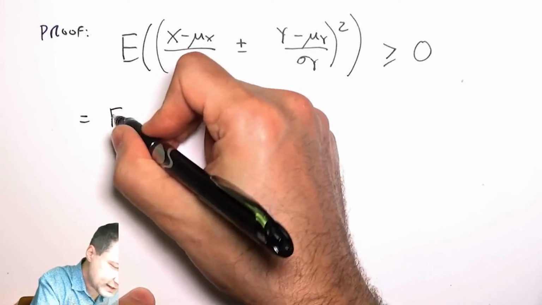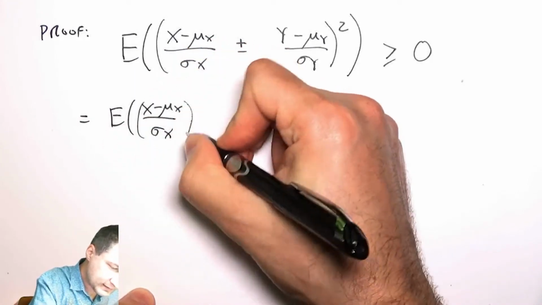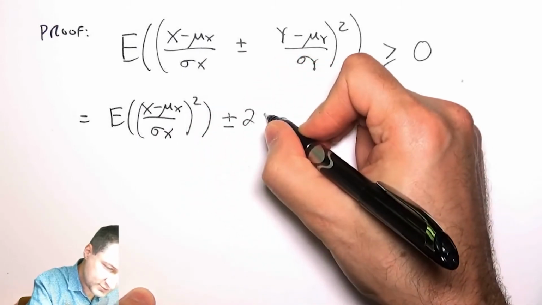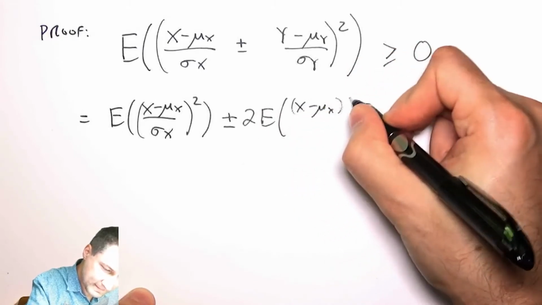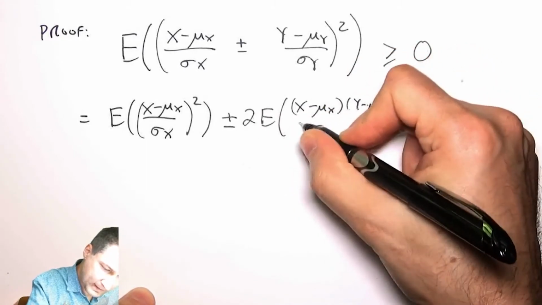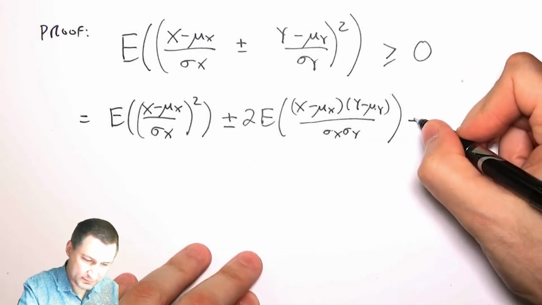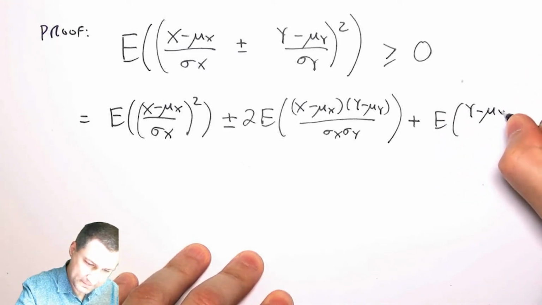I've got the expected value of this thing, and I've got plus or minus 2 times the expected value of this thing, and I've got plus the expected value of this thing.